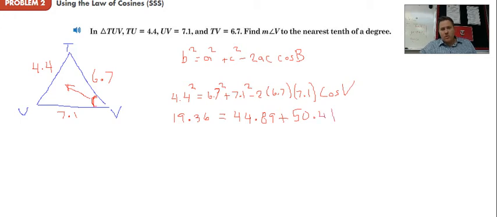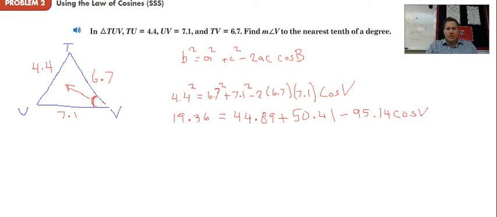And then I'm going to multiply these together: negative 2 times 6.7 times 7.1, and this is going to give me minus 95.14, and this is still times the cosine of V.